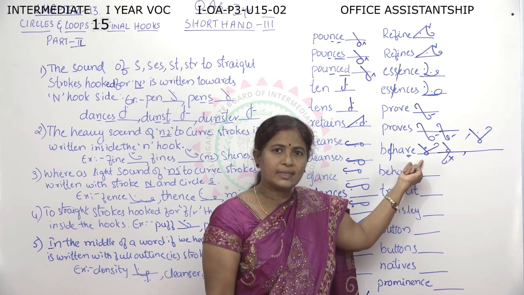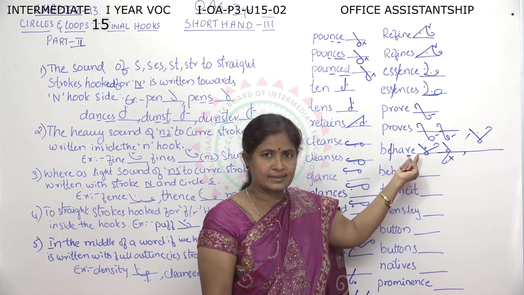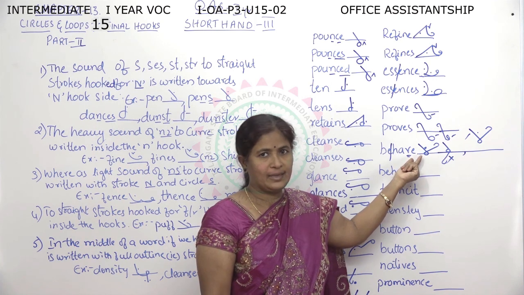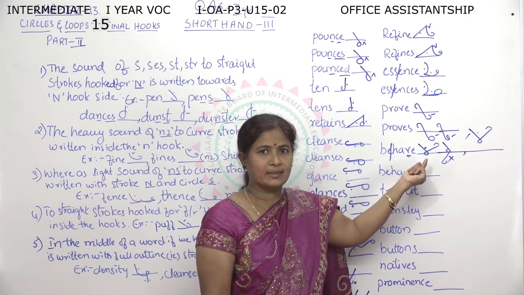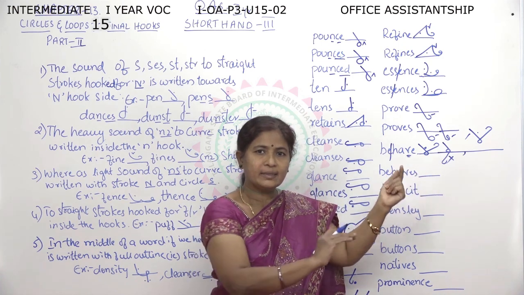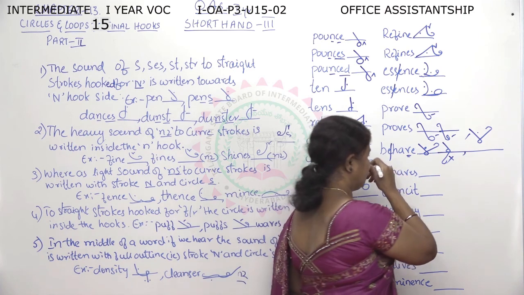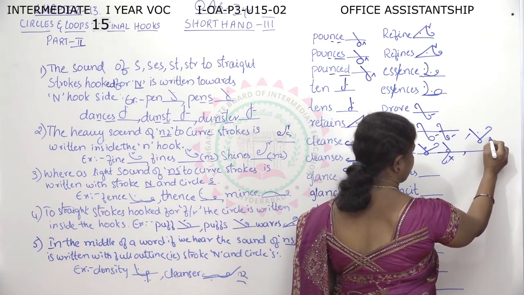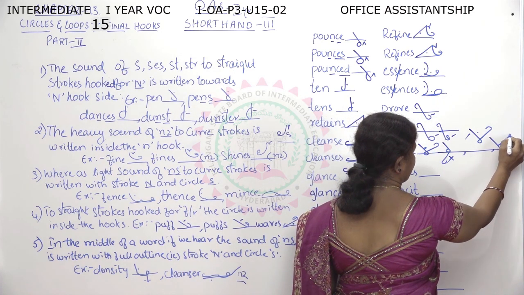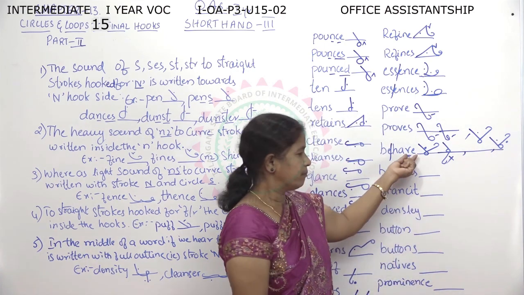So we don't turn the circle, now this circle S of H like this. H circle, we don't write like this. Observe, we write like this. But behave, we turn the circle of H with left motion. Behave. So, behave circle.